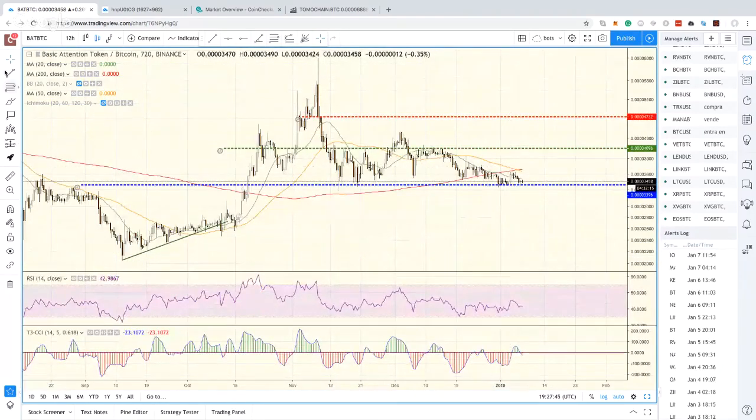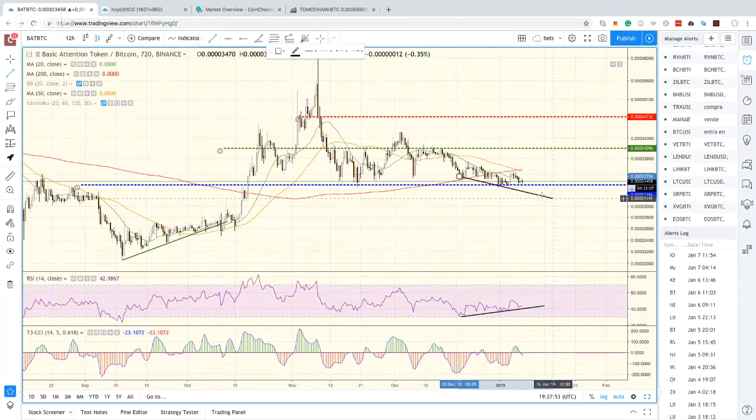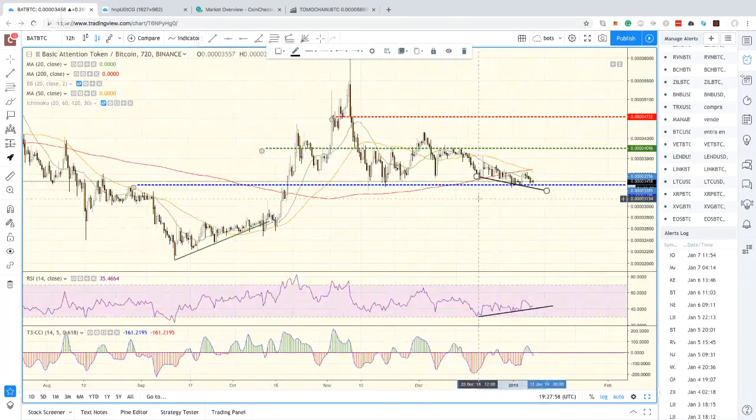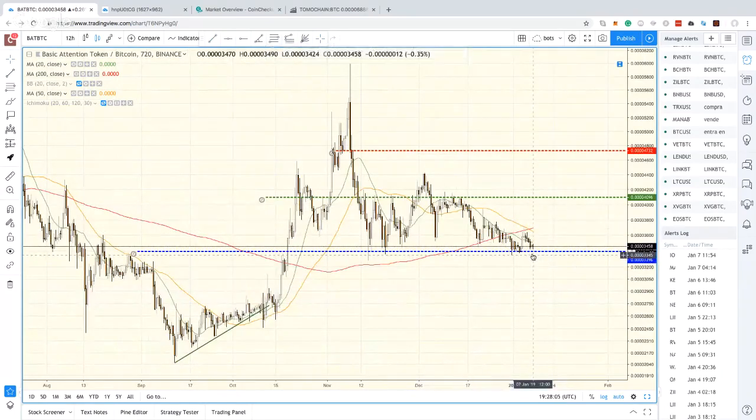We're looking at this bullish divergence here, but I don't know. I wouldn't enter this chart in this trade if there are others looking better, just like SUV ARC.